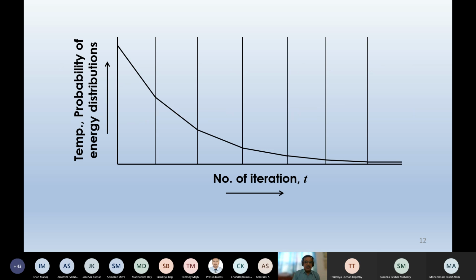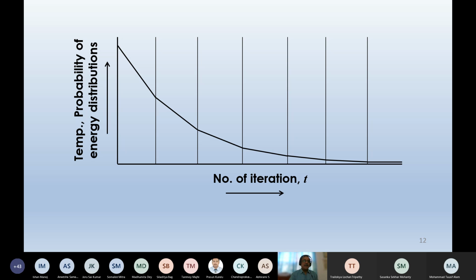And if you see a plot with the iteration, the probability of energy distribution is going to be reduced. You can have a look. And that is why in simulated annealing, Metropolis et al. used the concept of this Boltzmann probability distribution. So I hope I am clear to all of you.